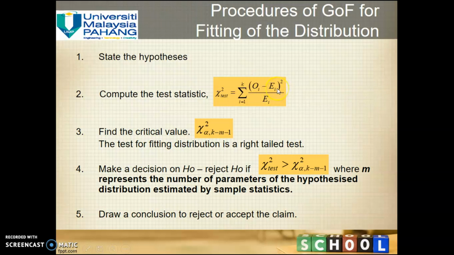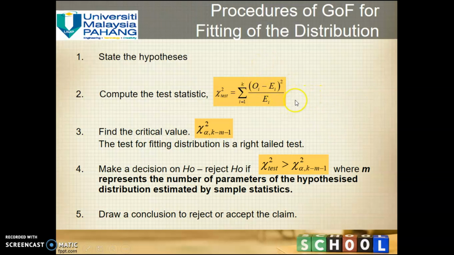So the formula for E is similar to categorical data. It is N multiplied with the probability, pi. But for the fitting of the distribution, the probability is given in your question, so there is no need to find it as in categorical data.